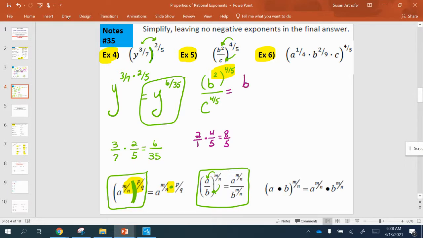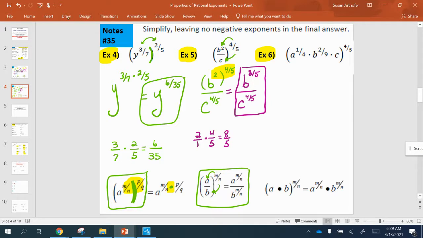There's no changes on the c on the bottom, just the b on the top. So b to the 8/5 over c to the 4/5. Now you cannot do anything more because your bases are different. One base is a b, one base is a c. So that's it. We can't do anything more. That's your final answer.